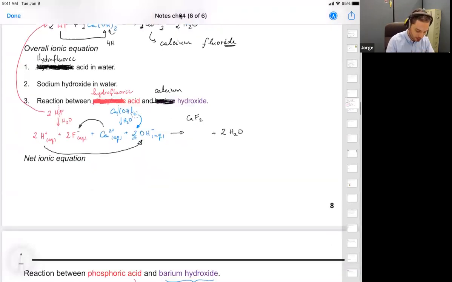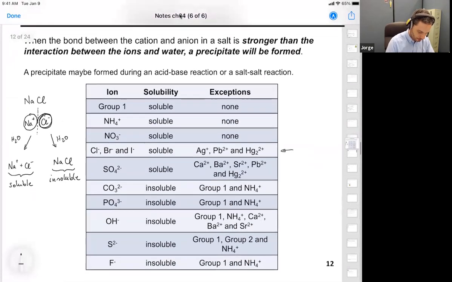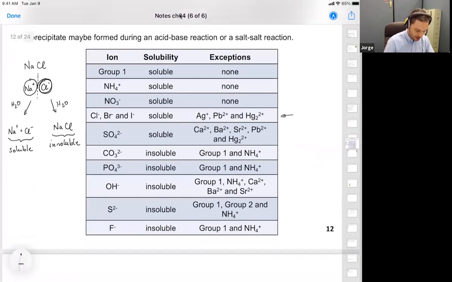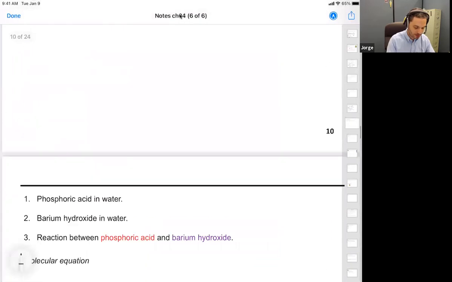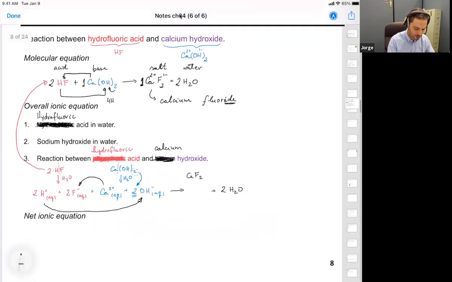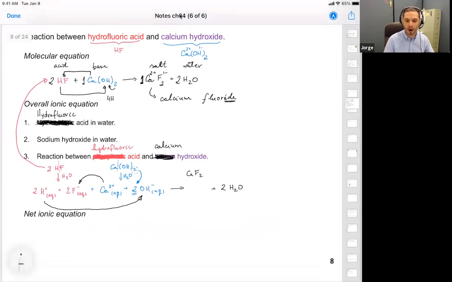Let's look at the solubility table. We have here a salt formed by fluoride. So look at the last row in this table. Fluorides are usually insoluble. The exception is group 1 or ammonium. Calcium does not belong to group 1, which means calcium fluoride is not soluble in water.